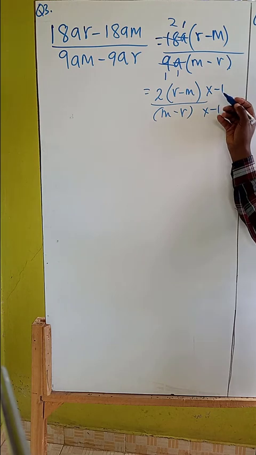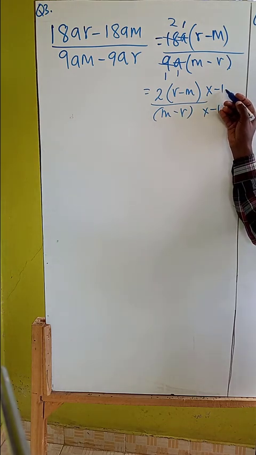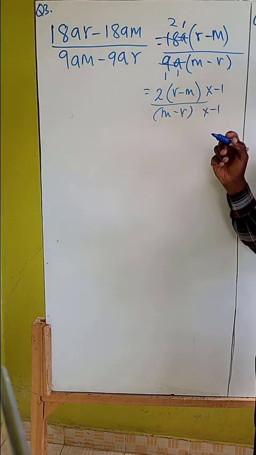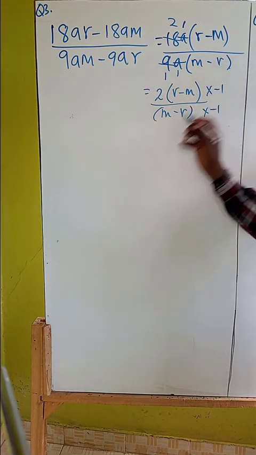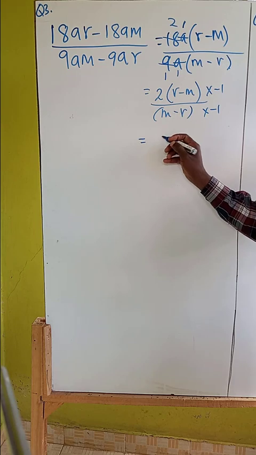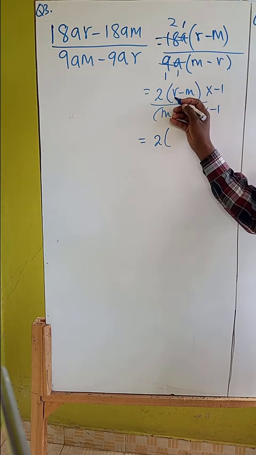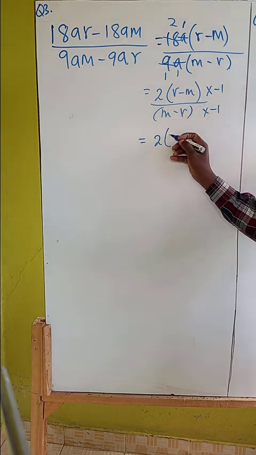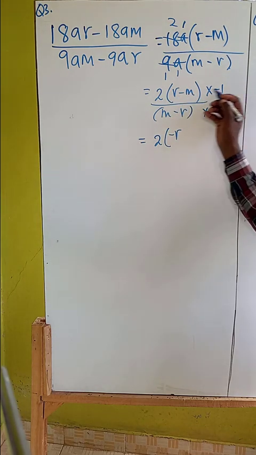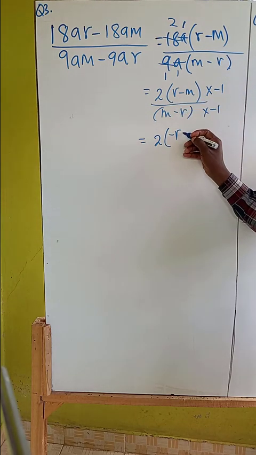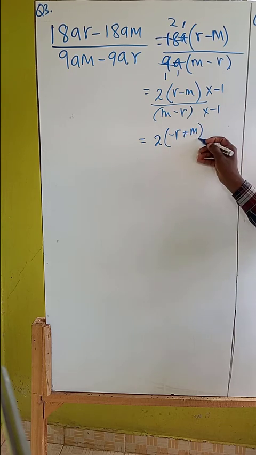So if we select the numerator to be the one where we put the -1 inside the bracket, we shall get that 2 into -1 by positive R is negative R. -1 by negative M is positive M.